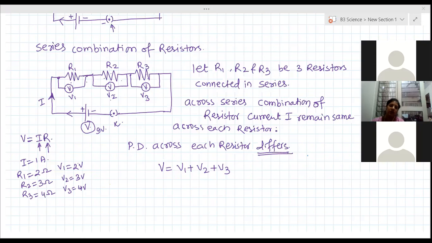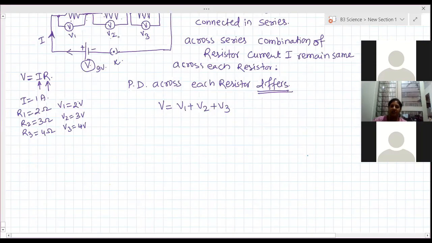Fine. So now suppose instead of these 3 resistors, I am connecting only one resistor across the same potential difference V. It draws a current of I. And this value of resistance is the total of these 3 resistors.